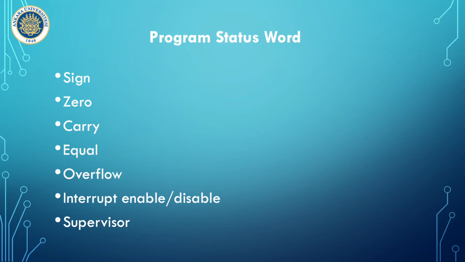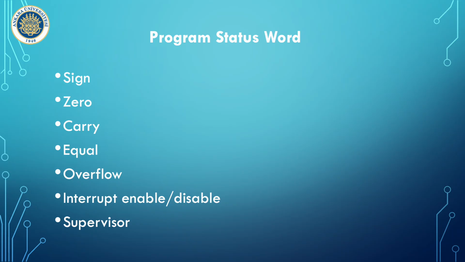Let's talk about the program status word. It's a special register or collection of registers that store important status information. It includes condition flags such as sign, zero, carry, or overflow that reflect the result of arithmetic or logical operations.